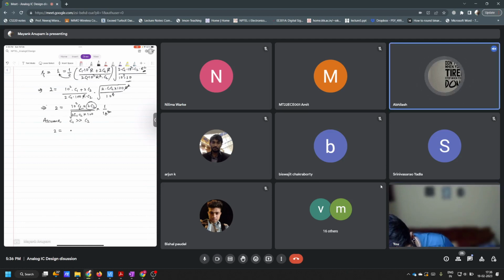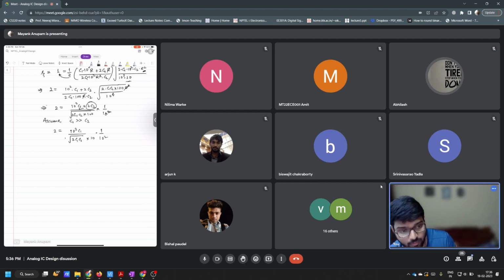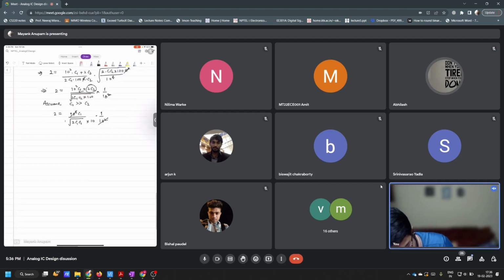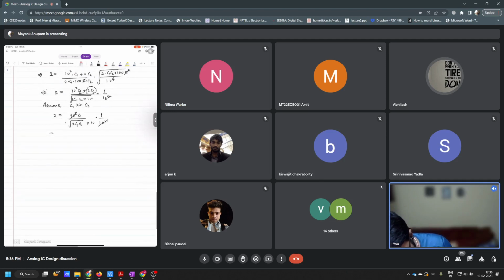So it will be 10 to the power 2 times C1 divided by root over 2 C1 C2, and root 100 is simply 10, right? 10 into 1 over 10 square, correct? And this 10 square goes away, so you simply have 20 is equal to C1 root over C1 by C2 into 1 over 2, correct?